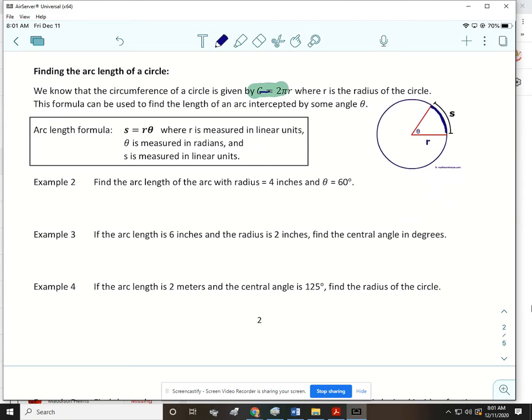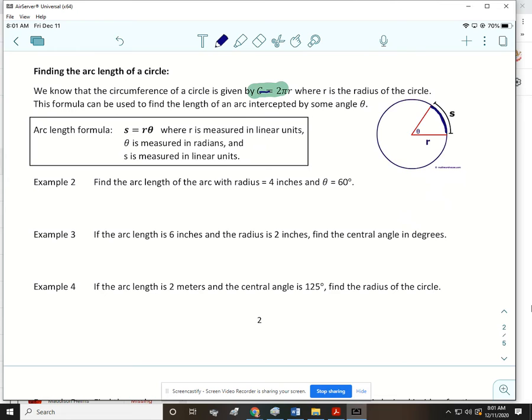For the circumference, the 2 pi is the angle in radians all the way around the circle, and you multiply that by the radius. So we're going to do the same thing for the arc length formula. We multiply the central angle by the radius, and that gives us the arc length, but it's just a partial circle, not the entire circle.